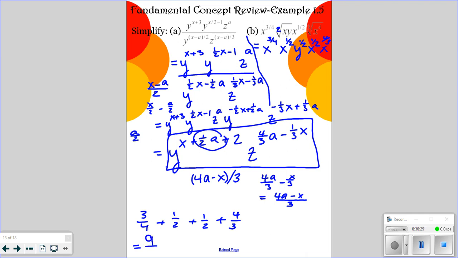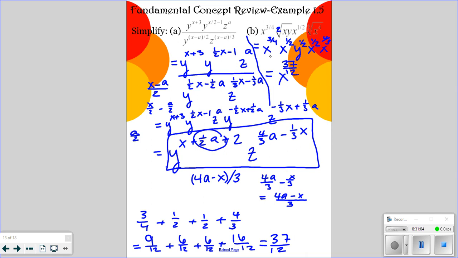So 9 over 12 plus 6 over 12 plus 6 over 12, and then plus 16 over 12. And then if you add 9 plus 6 plus 6 plus 16, you should get 37 over 12. And so your exponent is going to be 37 over 12, because that's what your exponents add up to be.